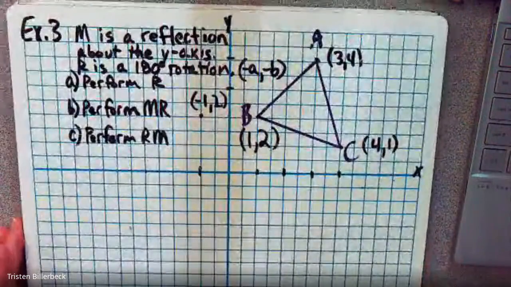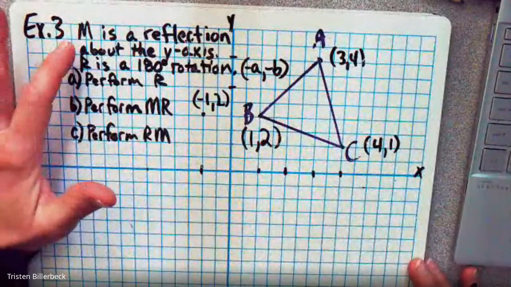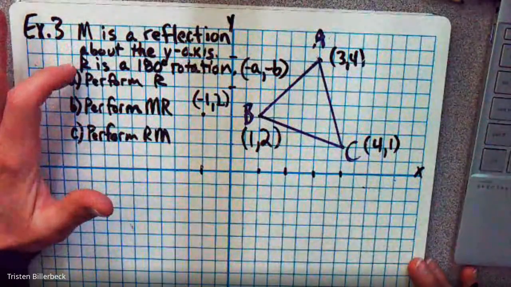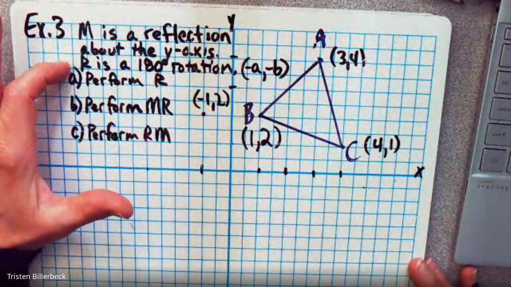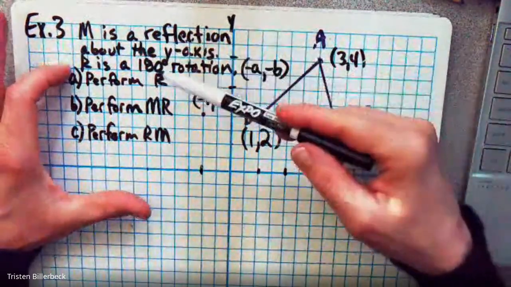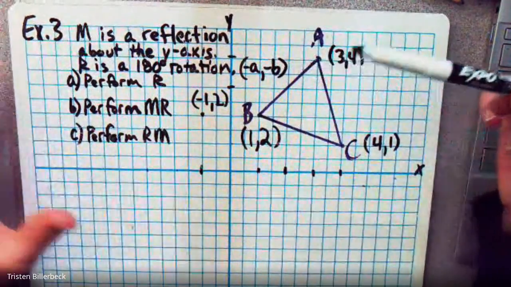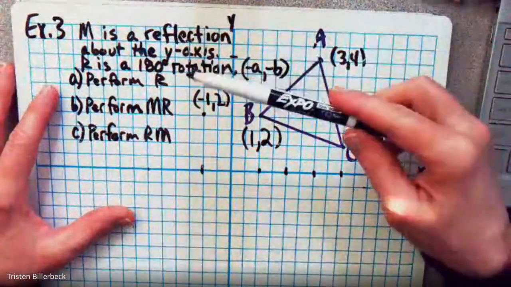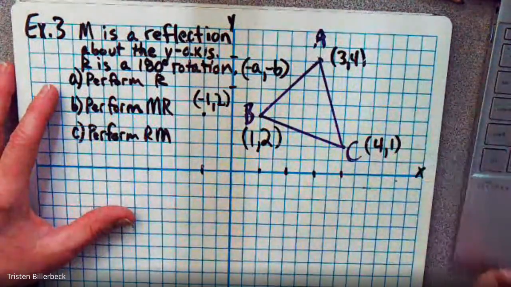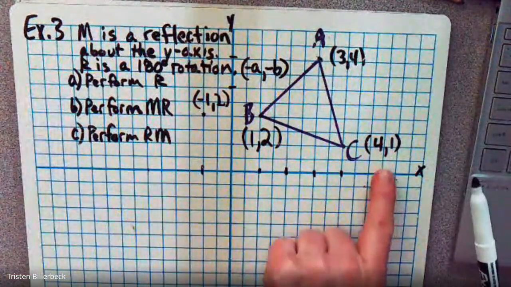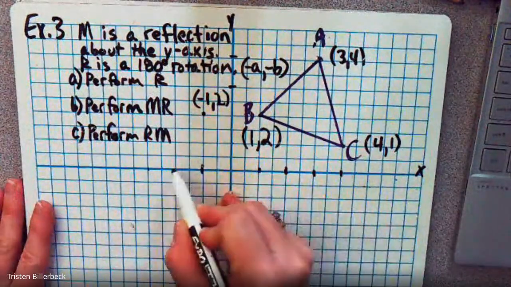Okay, so the last part of this is M, a reflection about the y-axis, and R, a rotation of 180 degrees, so that'll be negative a, negative b. So we want to perform R first. R is the rotation, so all we're going to do is change everything to the negative.